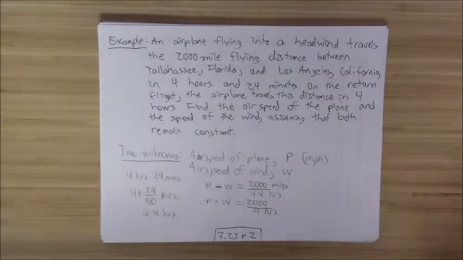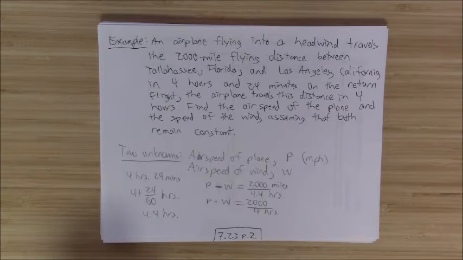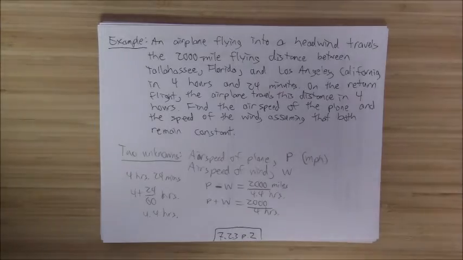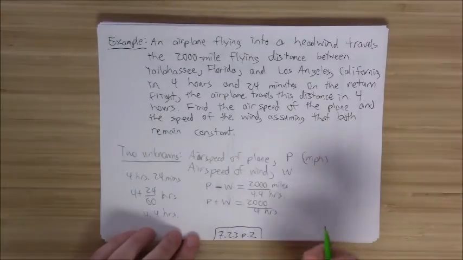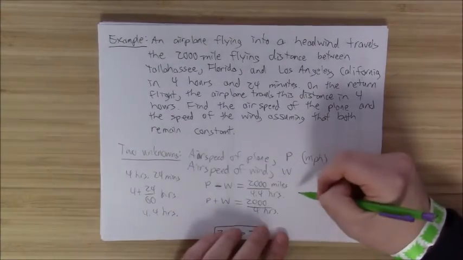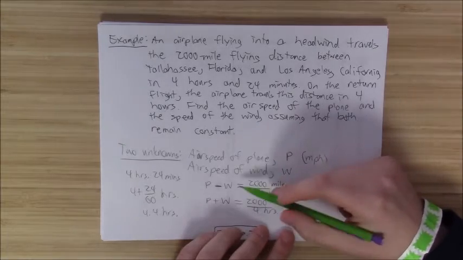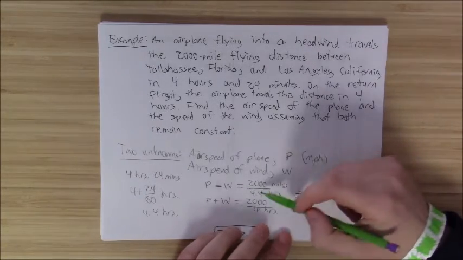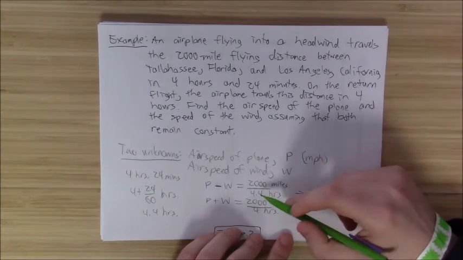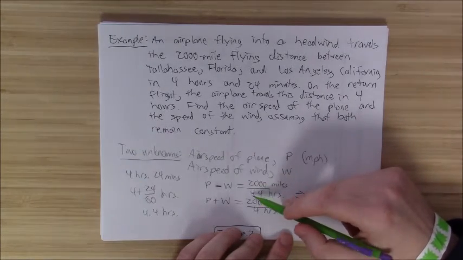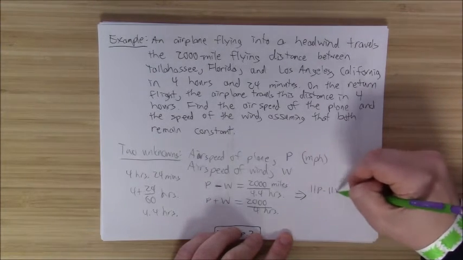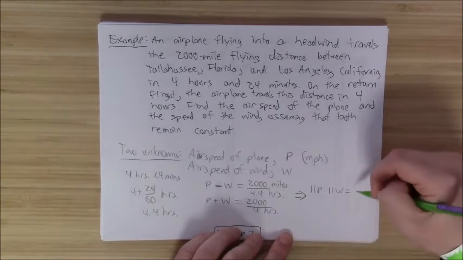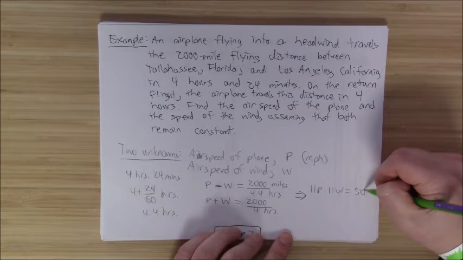Doing that out, 2,000 divided by 4.4 is a nasty number. So let's multiply everything. It takes a little bit of cleverness to do this, but if I multiply everything by 11, I end up with 11P minus 11W equals 5,000.